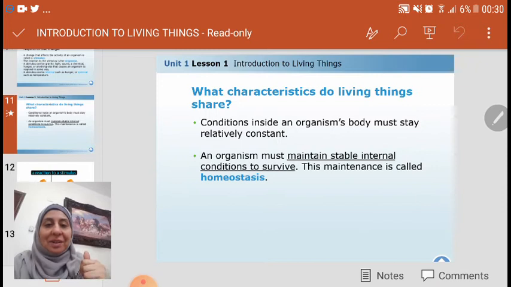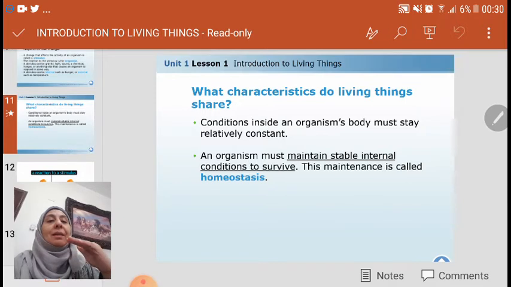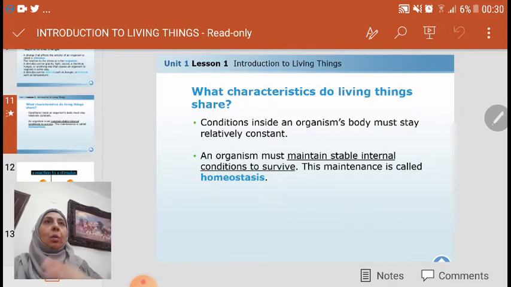We feel we are thirsty. We need water to replace this amount of water, to keep it 75%. This is homeostasis.